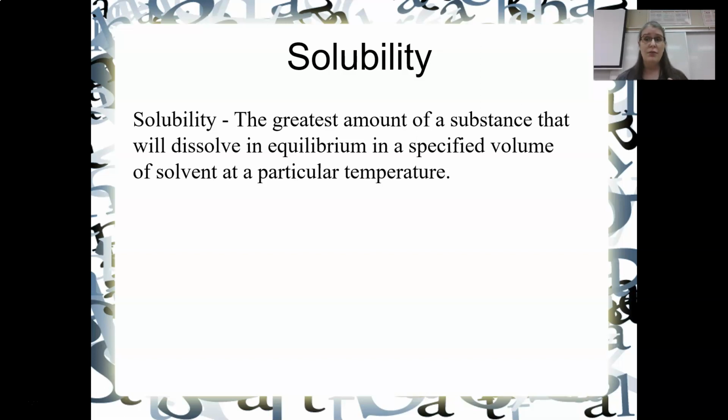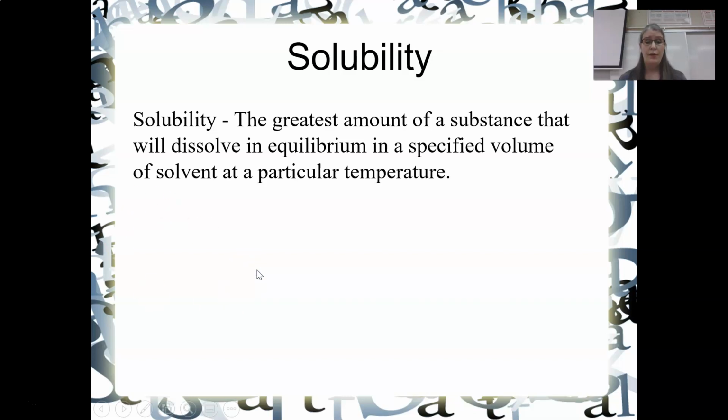So in fact, there are lots of different solubilities for a compound, because if I'm trying to dissolve it in a larger amount of solvent, more solute will dissolve. And if I heat the solvent so that the molecules have more energy to dissociate the solvent, we will also see more dissolving.